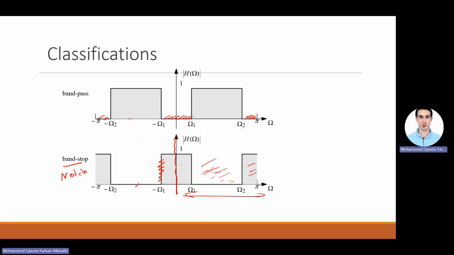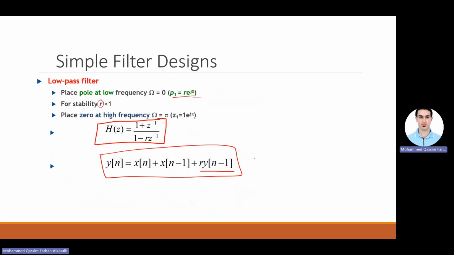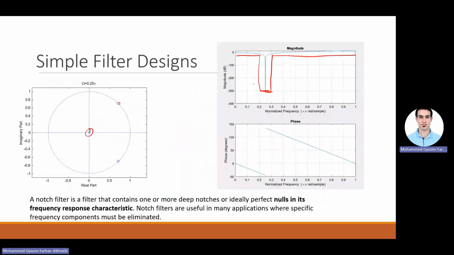If I want to consider this one area A, area B, area C, that's my area A, that's my area B, that's my area C. So that's a band stop filter. I'm stopping the region of, let's say, from 0.2 to 0.3. That's the normalized frequency. We'll talk about it later, inshallah, when we go deep into MATLAB.